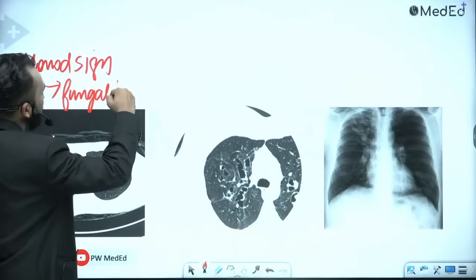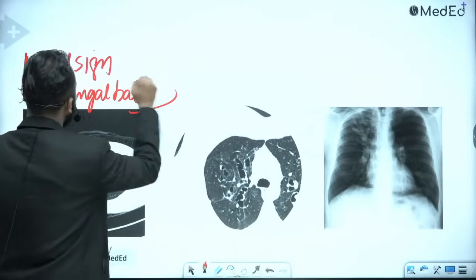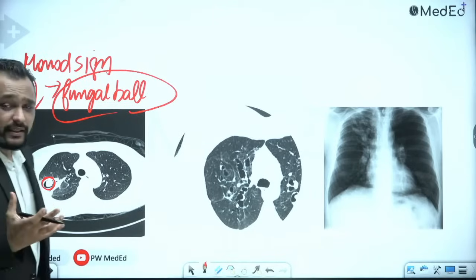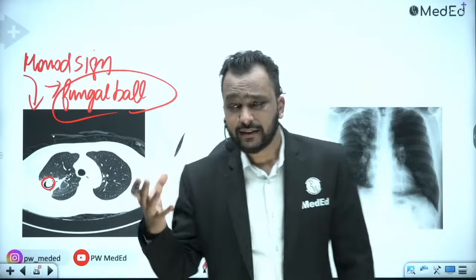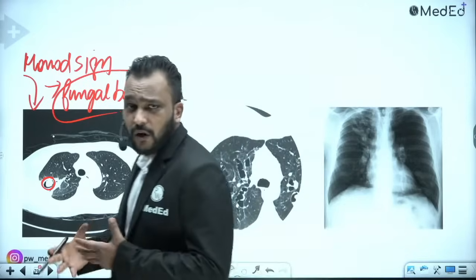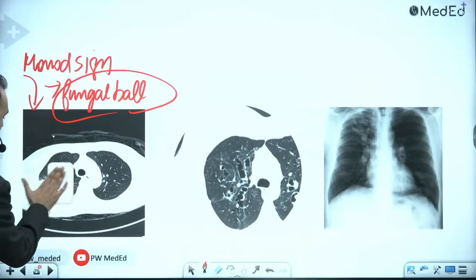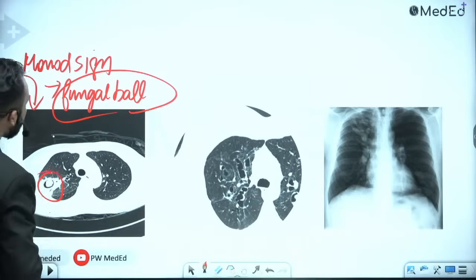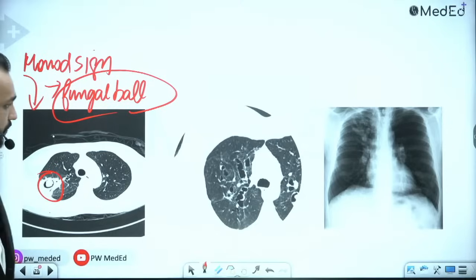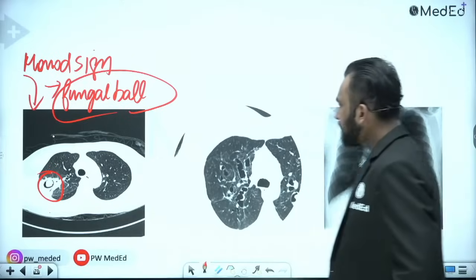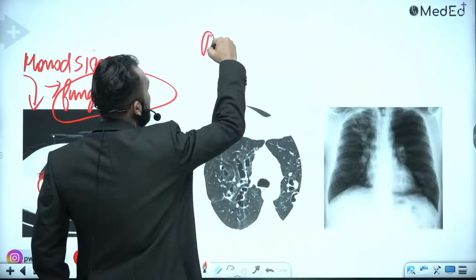Monod sign is seen in fungal ball. So you are seeing that there is some cavitary lesion, and within that cavitary lesion there is some fungal ball formation, because of which you are getting this sign that is known as Monod sign. In the second case, the patient will have a history of asthma.